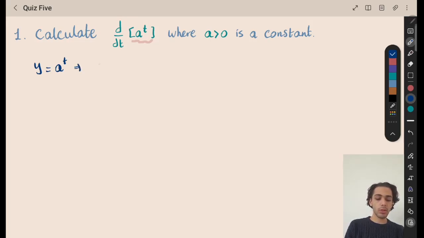The reason for this is because I have my variable in the exponent, which I want to differentiate, and I don't know how to differentiate things which are not constants when they are in the exponent. So notice that this is very different from, for example, x to the a, or we could say t to the a to be consistent. So here the variable is t, there also the variable is t, but the constant is there.